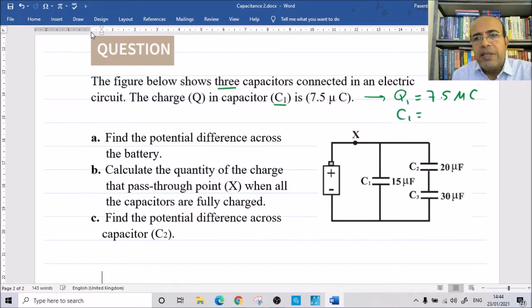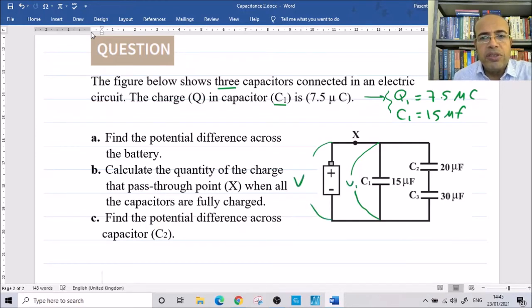C1 equals 15 microfarad. This is given from the figure. Find the potential difference across the battery. C1 is connected in parallel with the battery, so the voltage of the battery equals the voltage across C1.